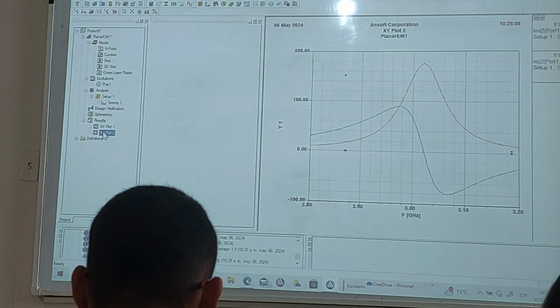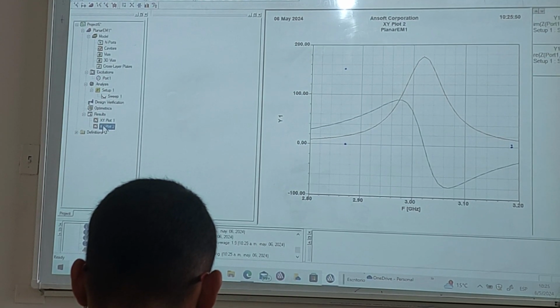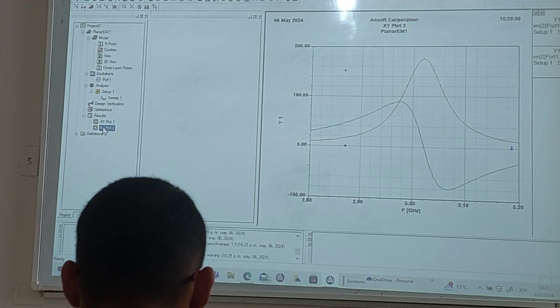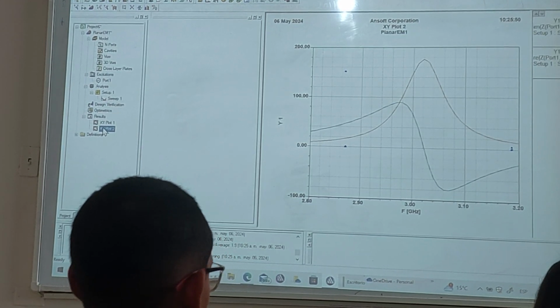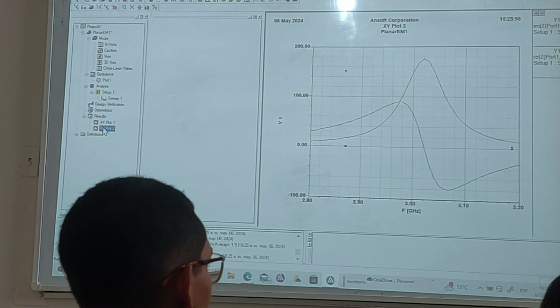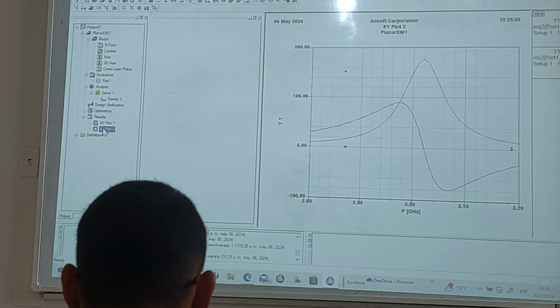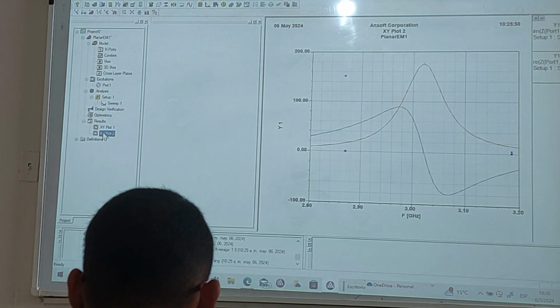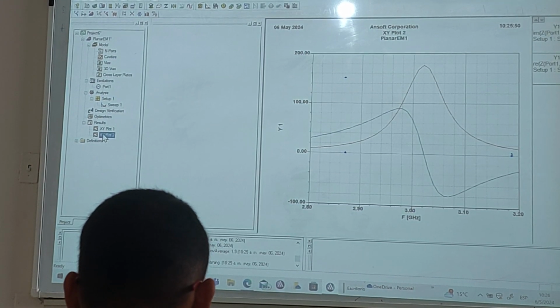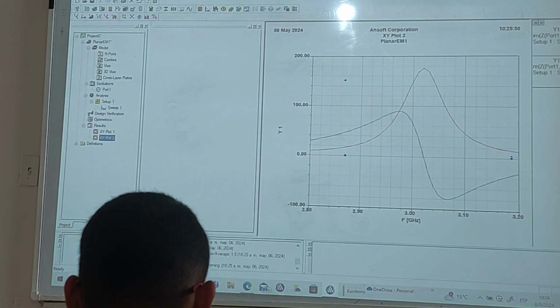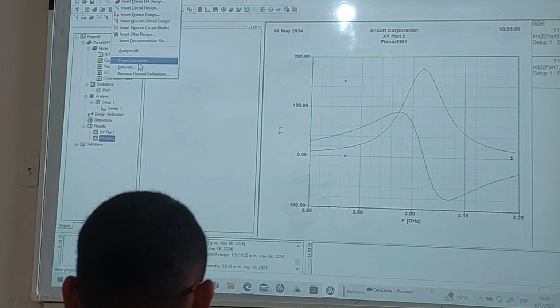Then now we are near to this point. First we were in this point because the value was small. Now we go this distance and we go to this point. Let me change.